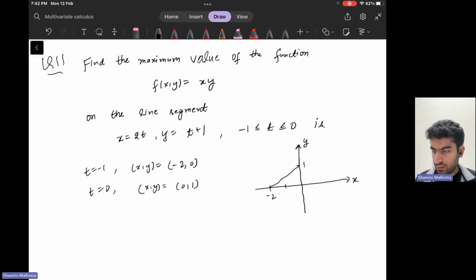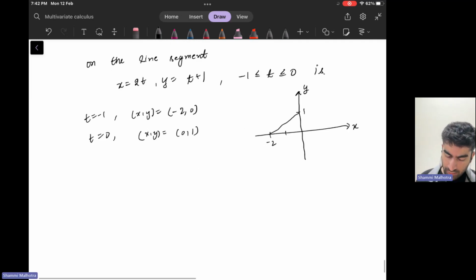Okay, so how do we do that? We can apply the chain rule.